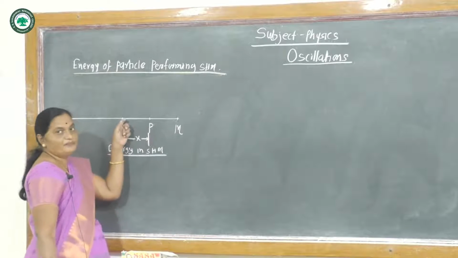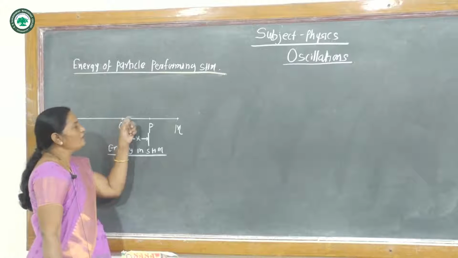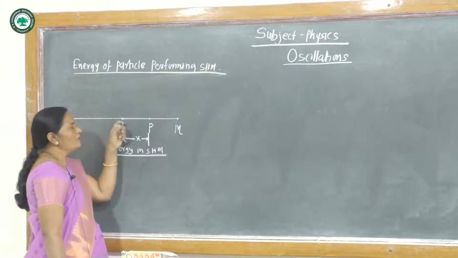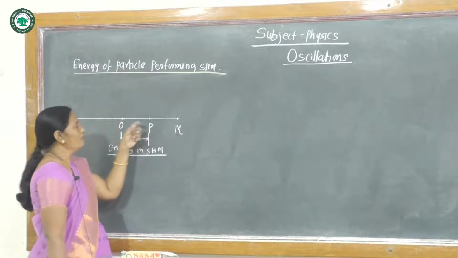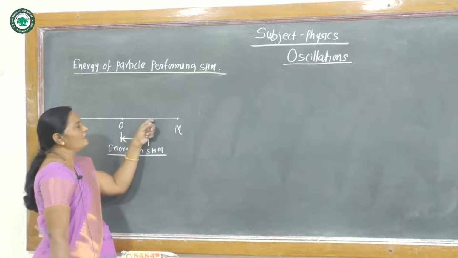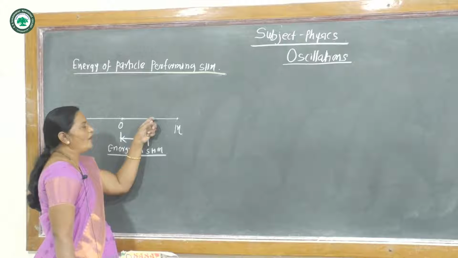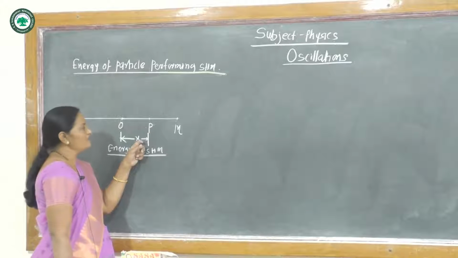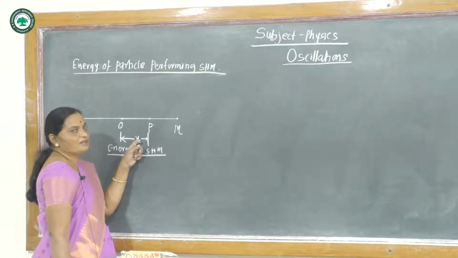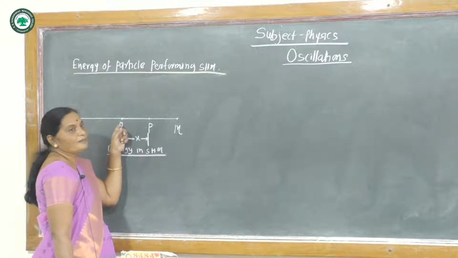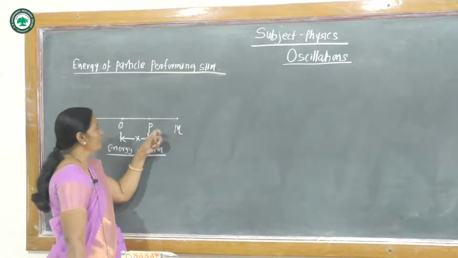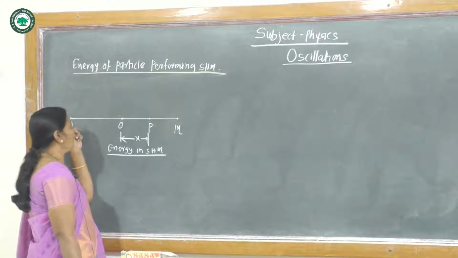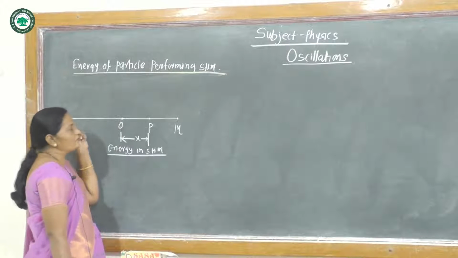Consider the particle performing simple harmonic motion along a straight line. Suppose the particle is at point P at a distance x, and this is the displacement x. When the particle is at M, it is at the extreme position. Suppose the particle is at N, it is at the other extreme position.